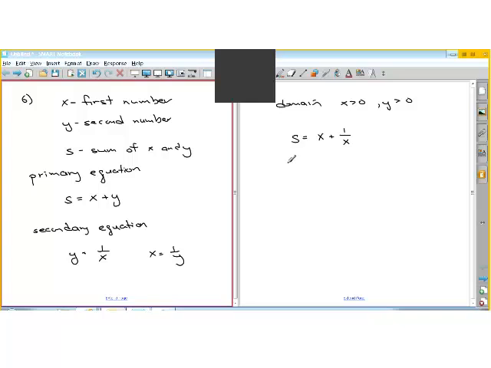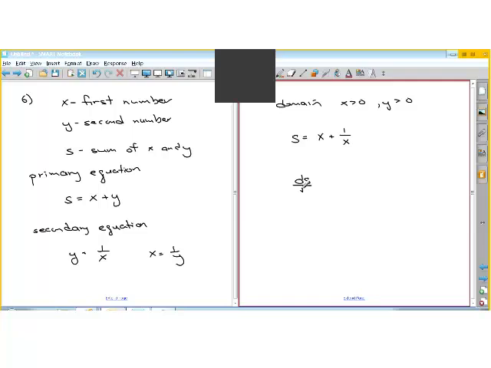Then it says use the methods from sections 3.1 through 3.4 to find what values of x give you a minimum value for the sum. So we take the derivative dS/dx, because x is our variable.